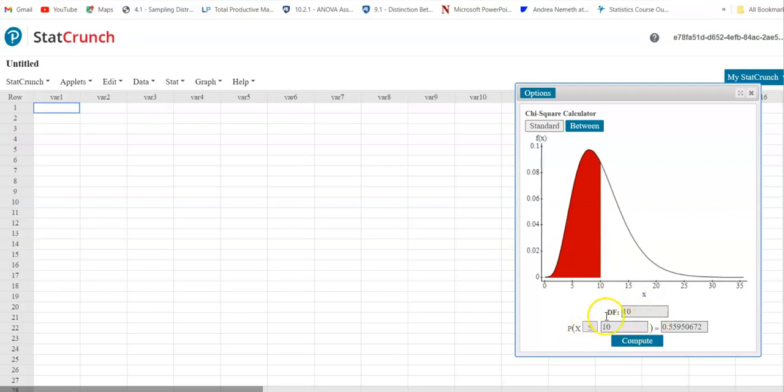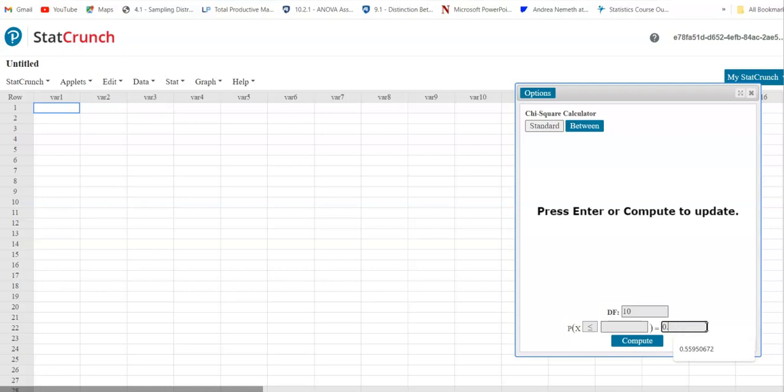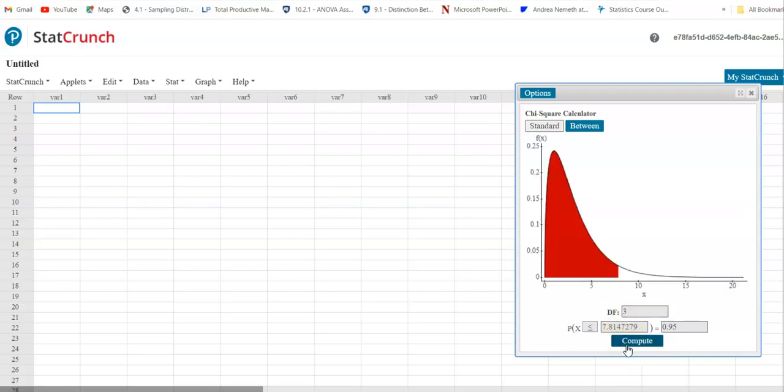So we are looking for a value below which the probability is 0.95, for a chi-square distribution with 3 degrees of freedom. What is this threshold value? Let's compute it. As the figure shows, about 7.85 is the critical chi-square value corresponding to a 0.05 significance level.